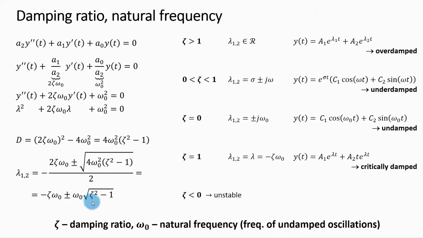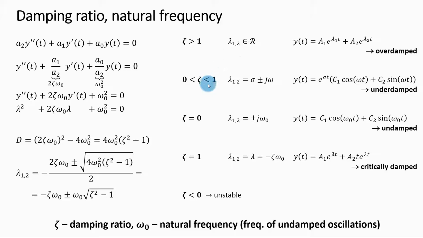For zeta greater than 1, zeta squared minus 1 will be positive. This square root will be real, and you will get 2 real roots of the characteristic equation. Your general solution consists of 2 real exponentials, and you get an overdamped case.